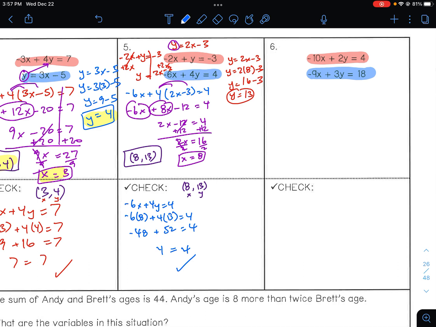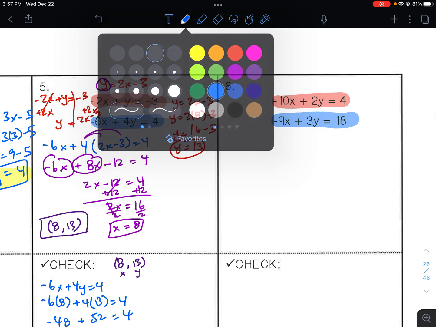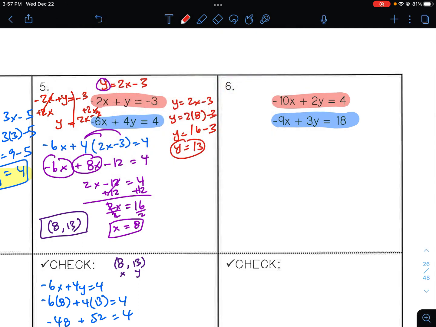Number 6. Let's say we have to fix one or both of the equations. I'm going to fix the red one. So I'm going to do it on the side. It looks like this is going to be kind of a tricky one. Negative 10x plus 2y equals 4.